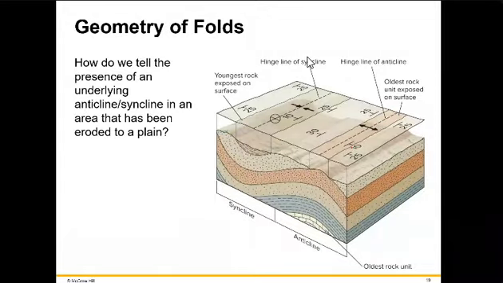What are you going to look out for? So the big question here is: how do you tell the presence of an underlying anticline or syncline in an area that has been eroded to a plane?